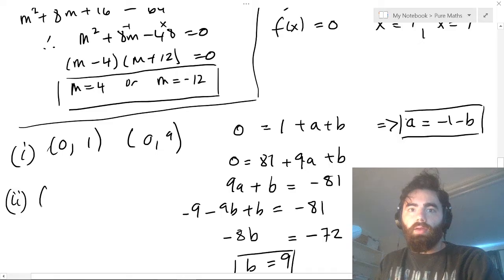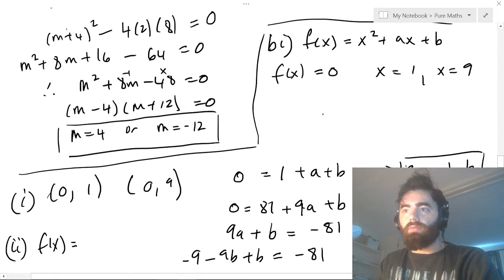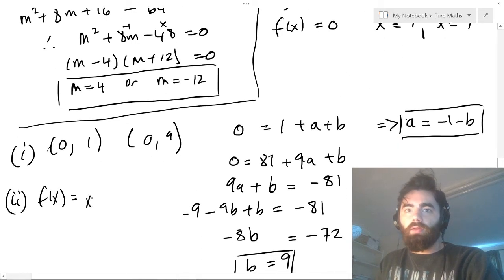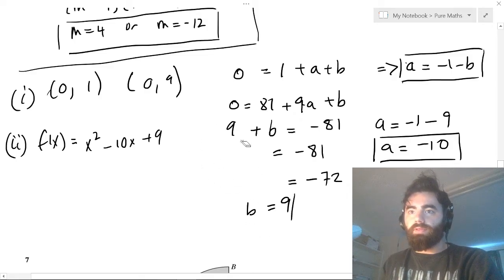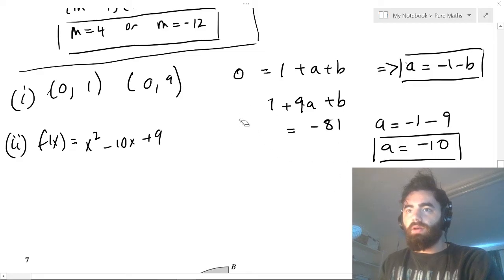You get f of x equals x squared minus 10x plus 9. So we can rub this out. So now that we found our a and b, we have the equation of our curve.